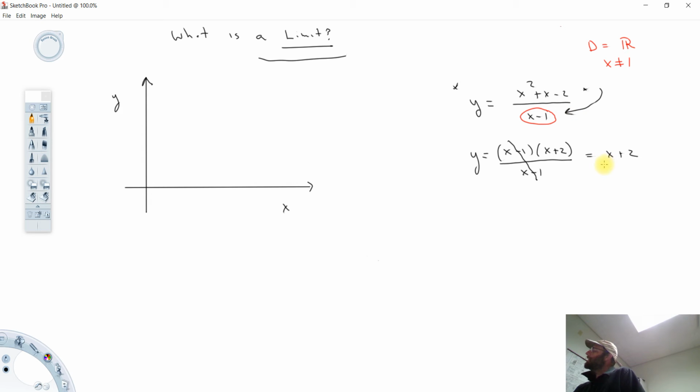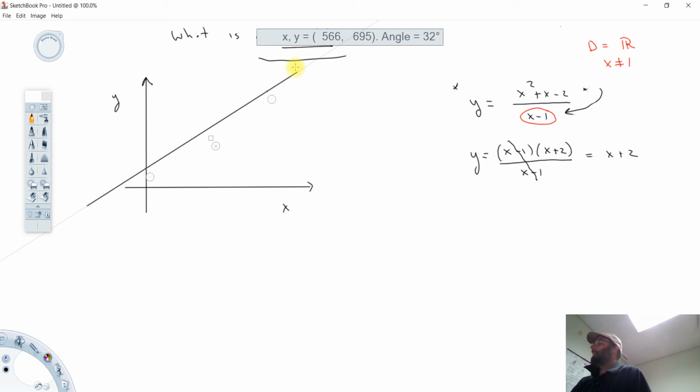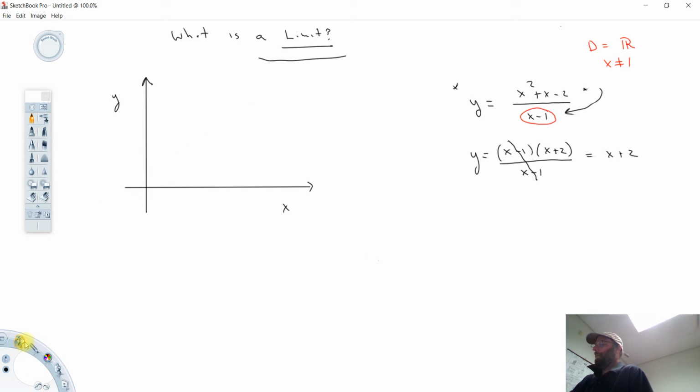Now I'm going to go ahead and graph this. This is a linear function with a slope of 1 and an intercept of 2. I'm just going to do a quick sketch of this function. This is just a sketch, not a perfect picture, but good enough. Now remember, at x equals 1, it's not defined. Let me make it a bit more realistic.